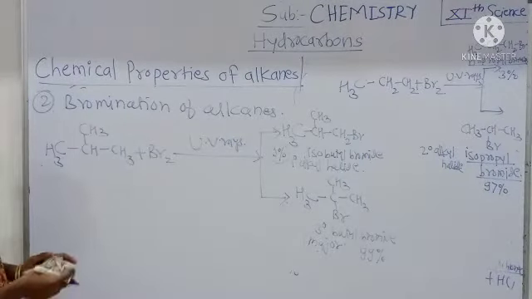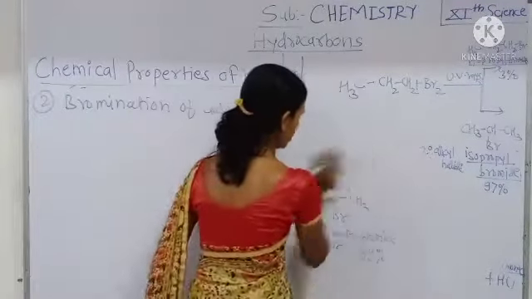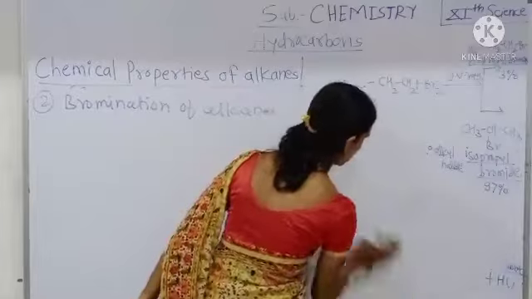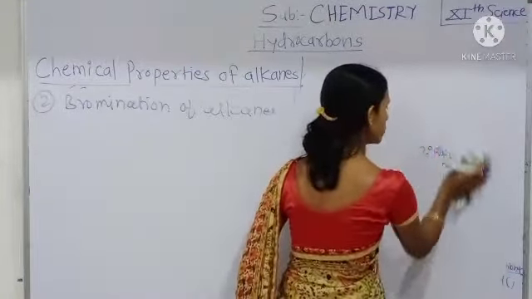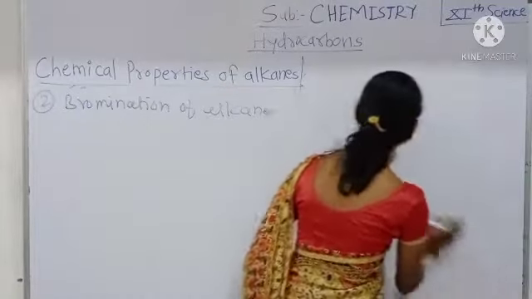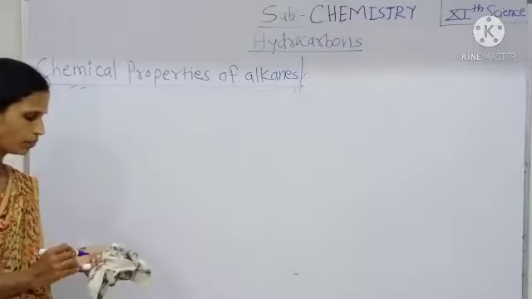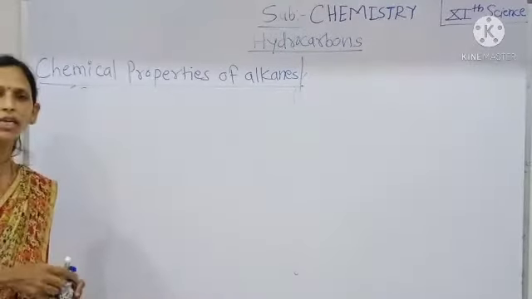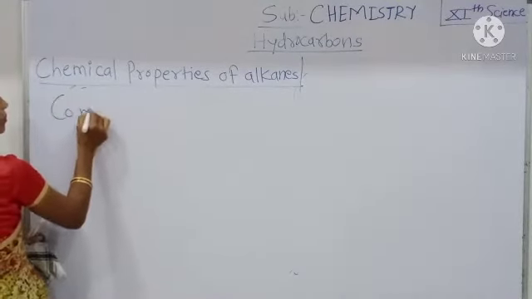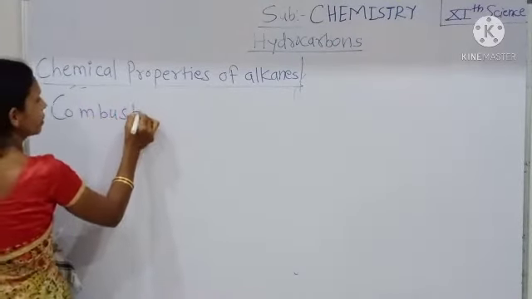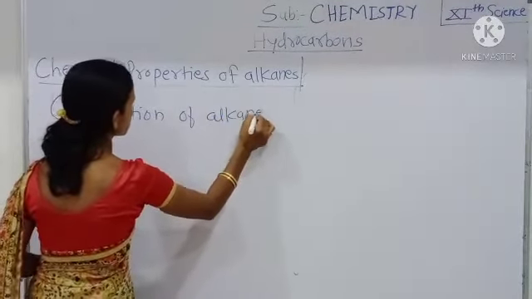That is about the halogenation of alkanes. That means generally alkanes undergo chlorination as well as bromination. Then the next chemical property of alkanes, that is combustion of alkanes.